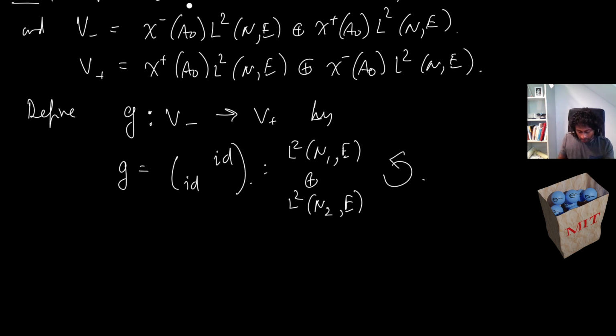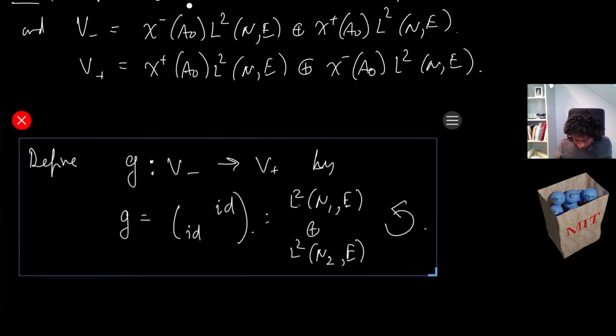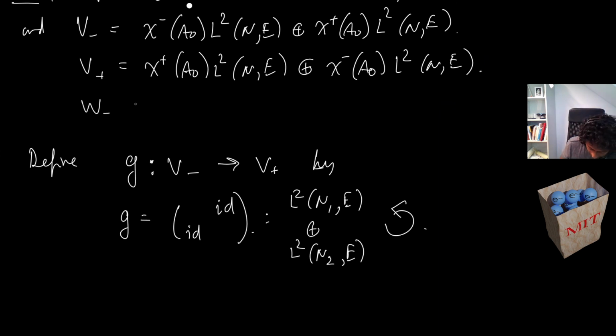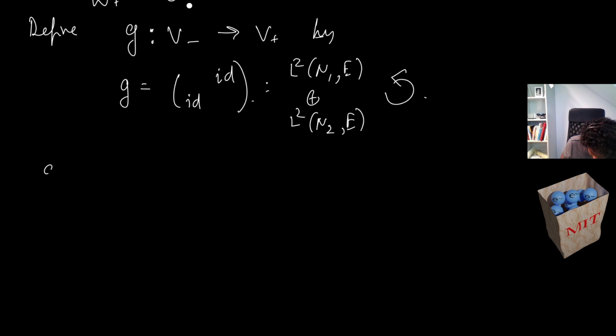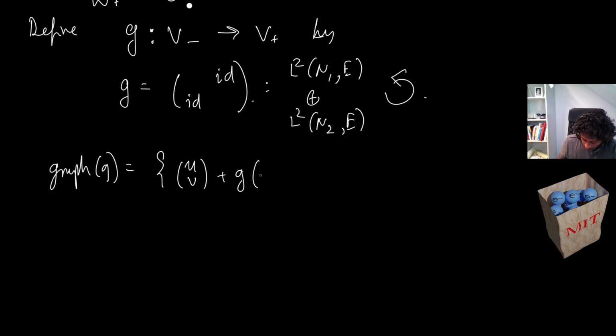So now let's look at the graph. The W spaces are empty, because we chose our adapted operator to have no kernel, so W minus is equal to 0 and W plus is equal to 0. So now let's look at this graph G. The graph of G is equal to U, V plus G of UV.